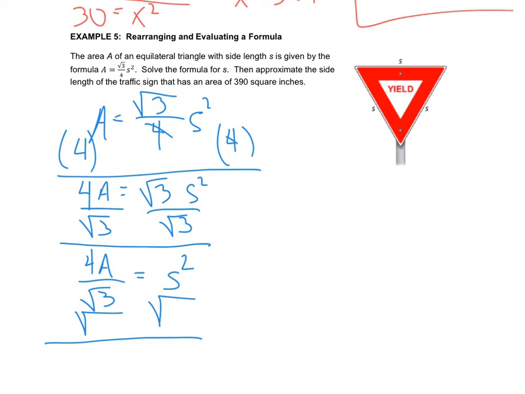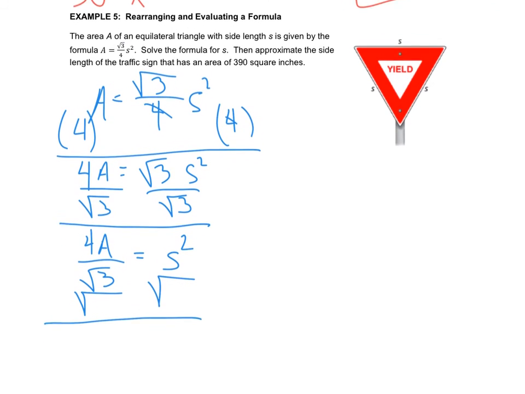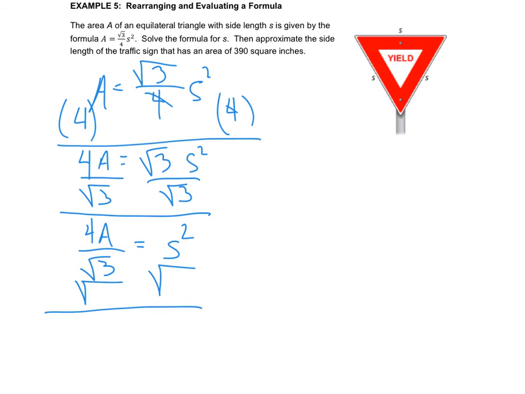And again, on this one, I'm really not going to focus on a negative answer, because we're talking about a side measurement. I'm certainly not going to get a side measurement that's negative. So I'm only going to focus on the positive square root of 4 times the area of that shape divided by the square root of 3, and that whole thing is the square root. So there's the first part.